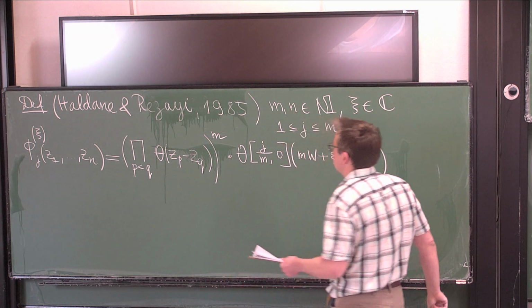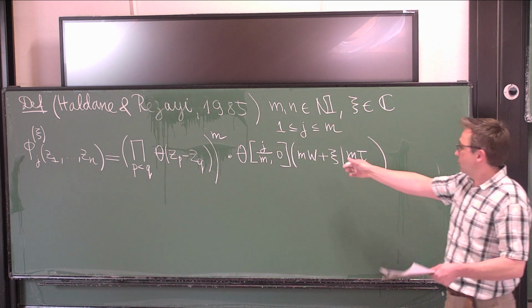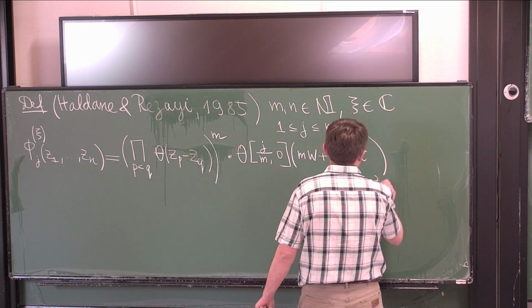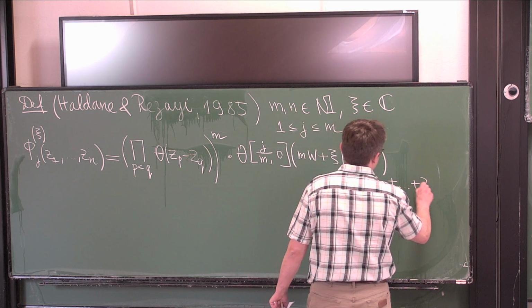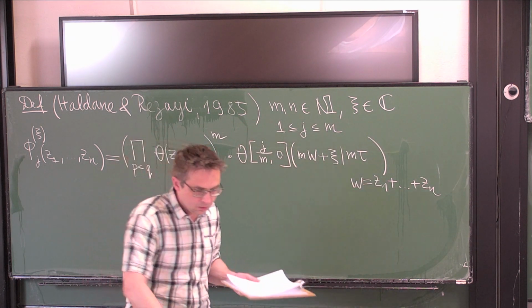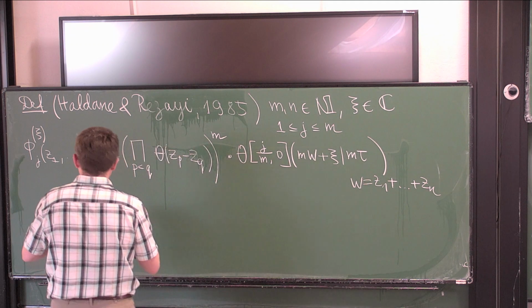It comes in the second term, where W is the sum of all the z_i's.